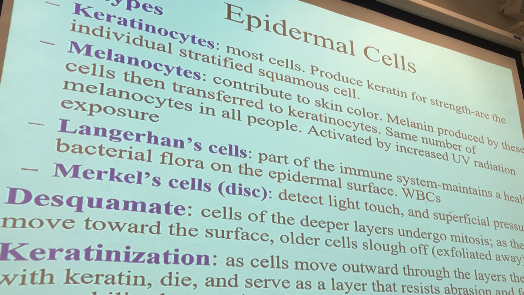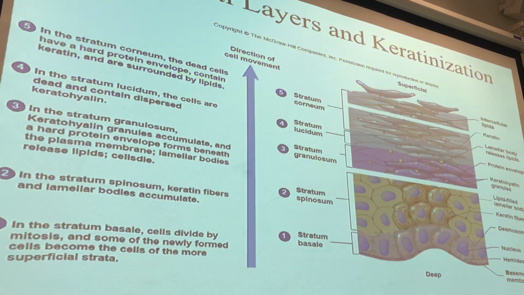When we talk about the actual layer, we classify it as stratified squamous cells. But when I look at the cell itself, so here, I'm going to show you this. Here's one cell right here. If I'm looking at only one cell, can I call it a stratified squamous cell? No, right? What we call each one are keratinocytes.